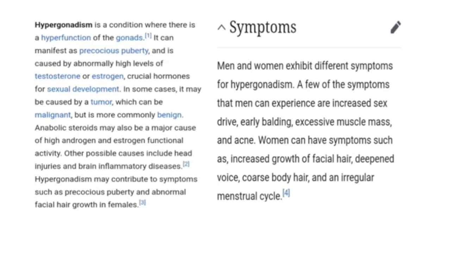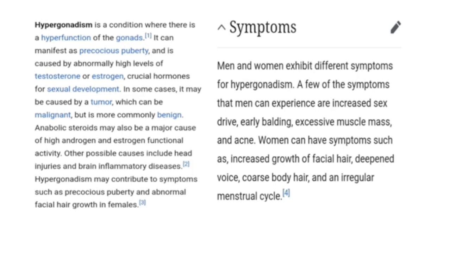And the other one is hypergonadism. It's a condition where there is a hyperfunction of the gonad. It can manifest as precocious puberty, a situation whereby a little boy is already developing male secondary sexual characteristics. It is a result of hypergonadism, which can be caused by a tumor, which can be malignant but is most commonly benign.